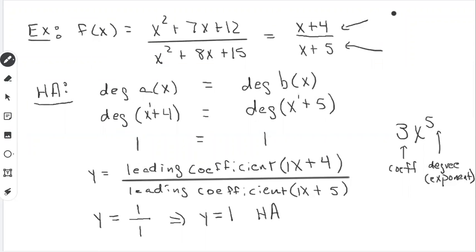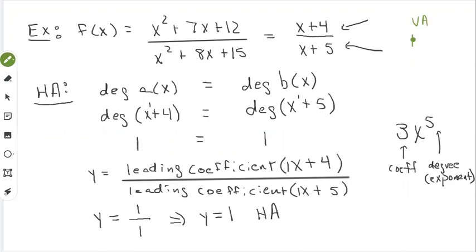Okay, so there are 3 types of asymptotes. There are vertical asymptotes, I'll put this up here in green, where we set the bottom equal to 0.